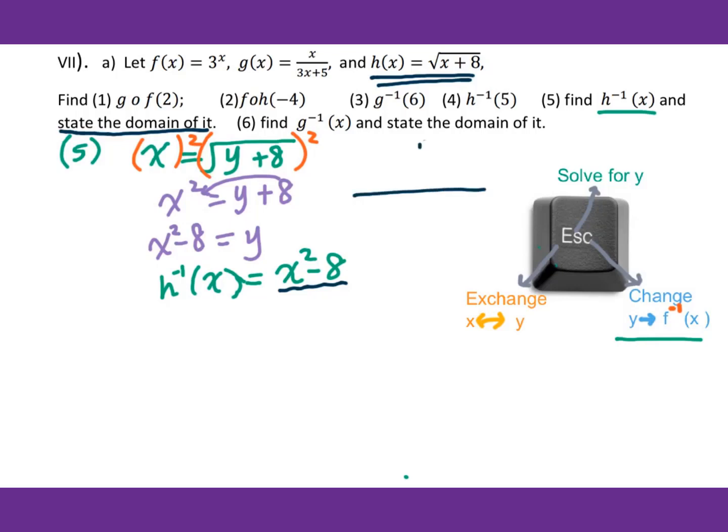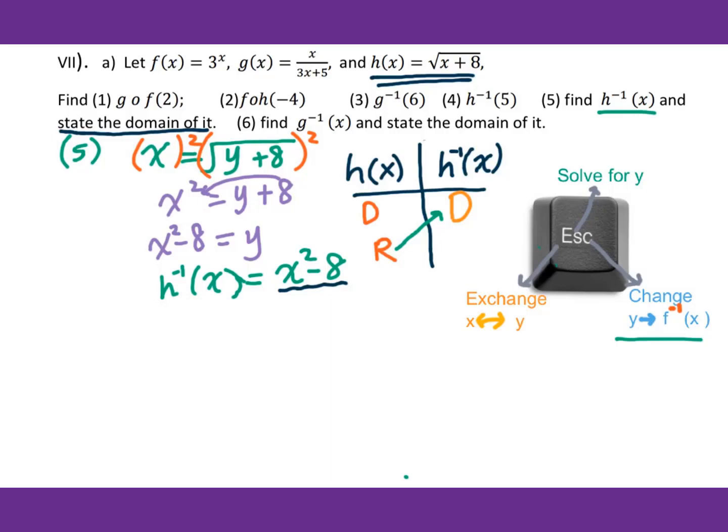We know that for h of x and then inverse of h of x, we have domain, we have a range. Then range for the original function will be the domain of the inverse function.